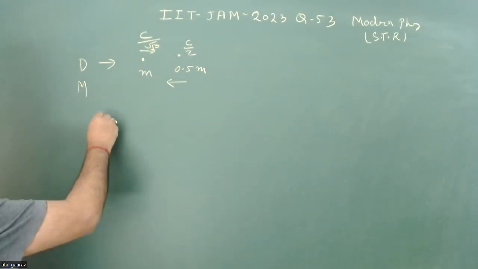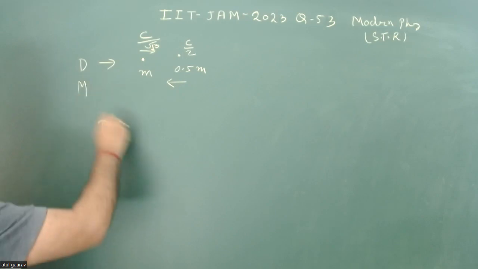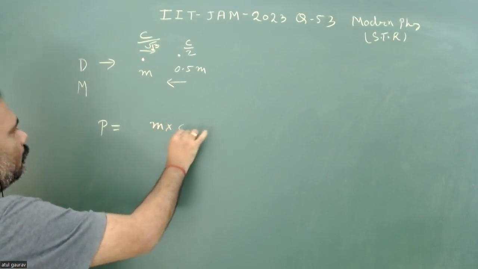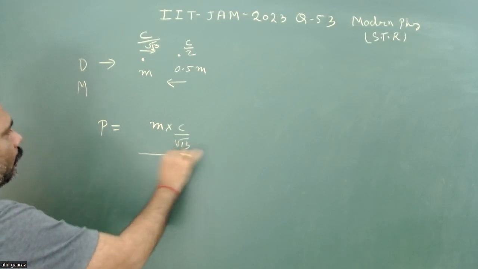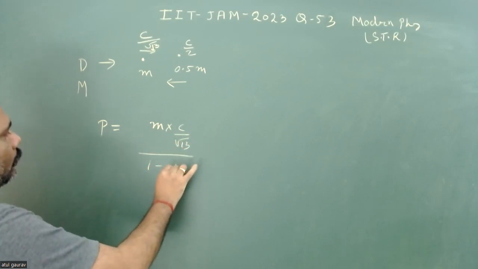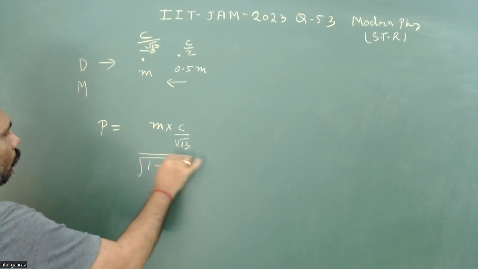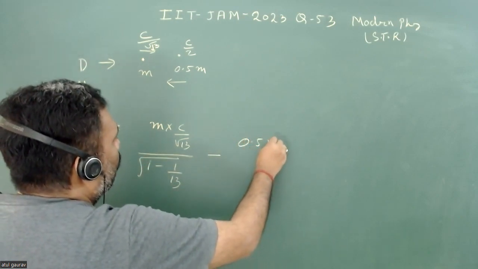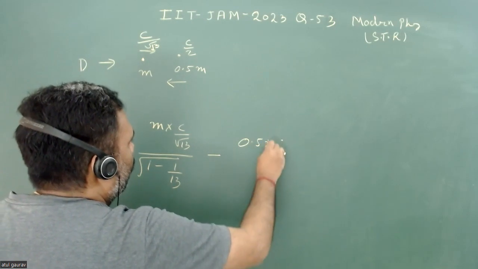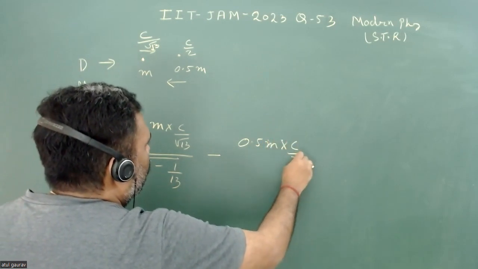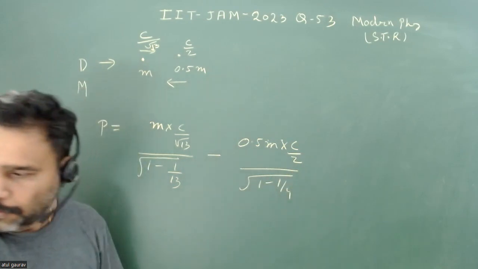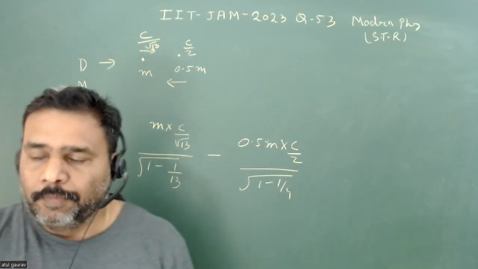The momentum P of the detector is given by m into c upon root 13 times root under 1 minus 1 upon 13, minus 0.5 m into c by 2 times root under 1 minus 1 upon 4.